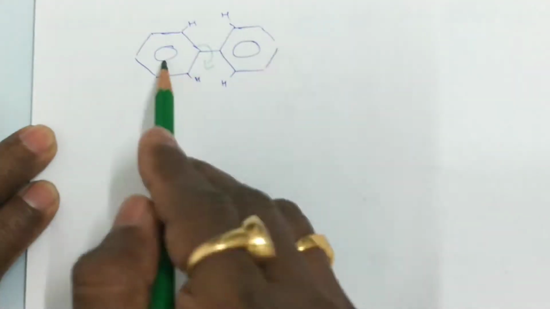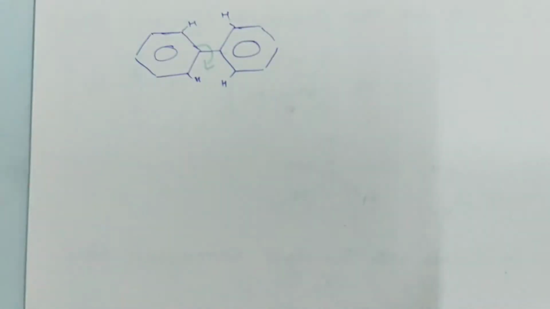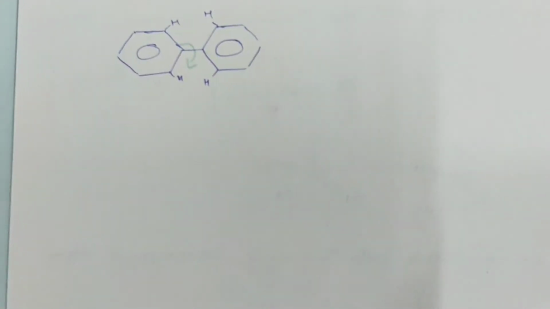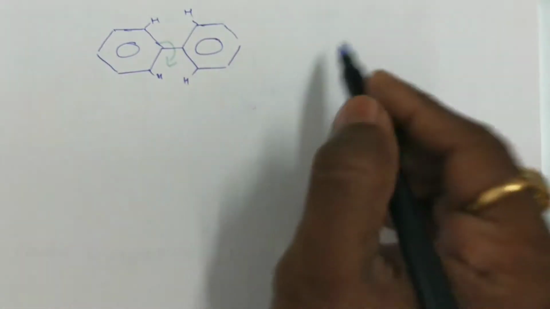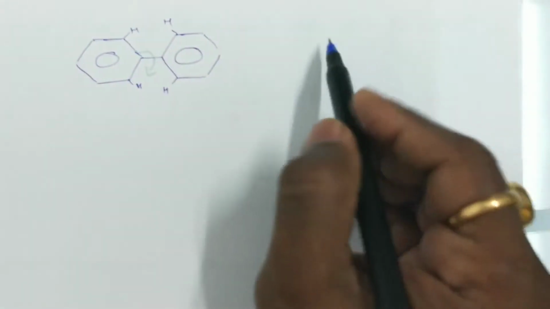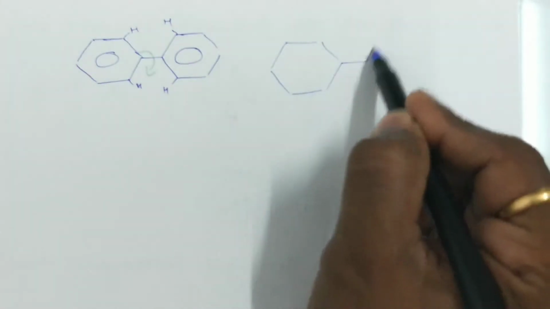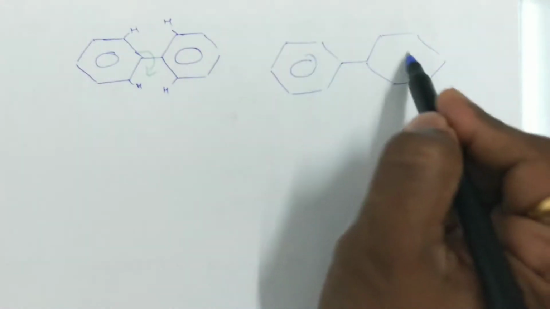So these two rings move freely in either direction, anywhere, and there is no problem. You cannot get restricted rotation. But when you increase the size of the ortho substituents in biphenyls, what will happen?